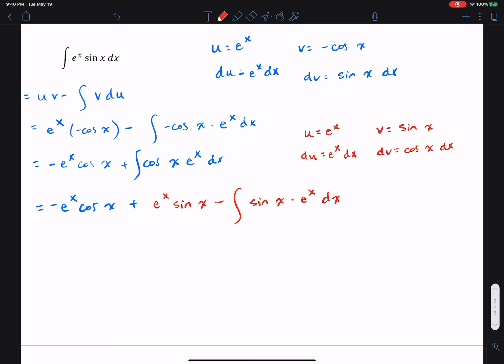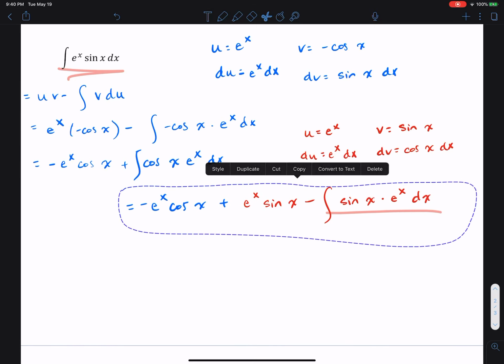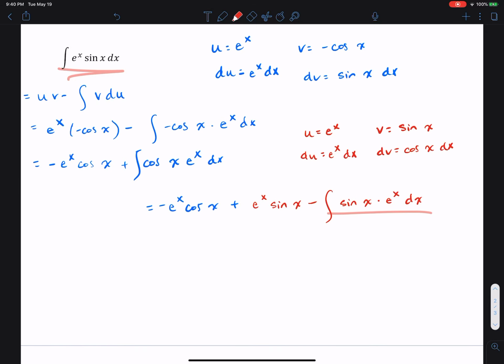All right, now hopefully you notice we go back to the original problem, right? That integral of sine x times e to the x dx right here on the right goes back to the same exact problem here. So take a look at how we work this part out. Remember when I said the integral of e to the x sine of x dx is equal to that, and we just kept working that out, right?